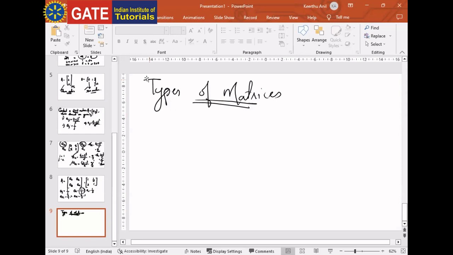Column matrix, row matrix, square matrix, diagonal matrix, identity matrix, scalar matrix, and zero matrix, another name is null matrix. Right? Transpose we will be studying in operations. Okay. Clear until this, no? No problem, right?